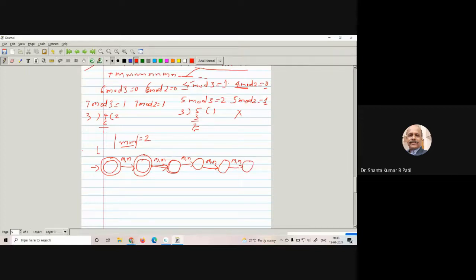So 2 M's are not accepting. But 1 M or 1 N is accepting. Even epsilon is accepting. So when 6 M's come, it should accept.